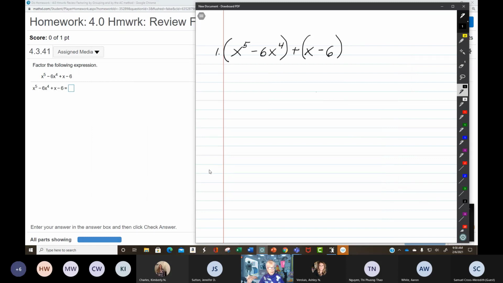Well, here we go. I have 2 groups here. I'm going to treat them separately for a while. I am going to factor this set of terms by the GCF, and I'm going to factor this set of terms by the GCF.